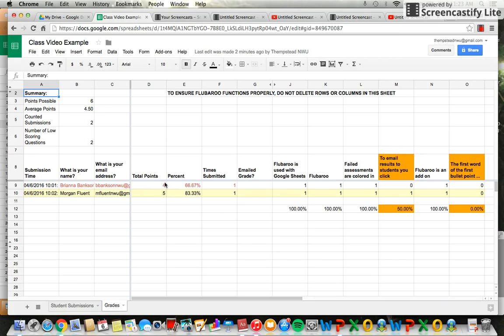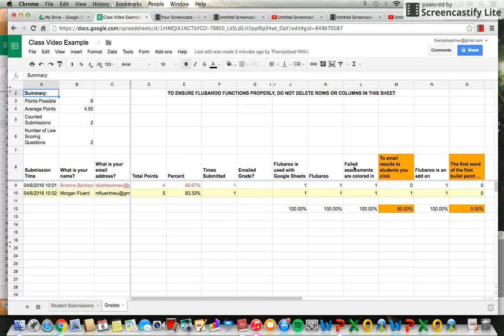So the student earned 4, the student earned 5 points, and we'll give their overall percentage of how they did on the full assessment. It'll go through time submitted, which just is how many times those students filled out that assessment. It'll say emailed grade, and that would be if you had emailed them their grades yet, and none of these students have had their grade emailed to them yet.